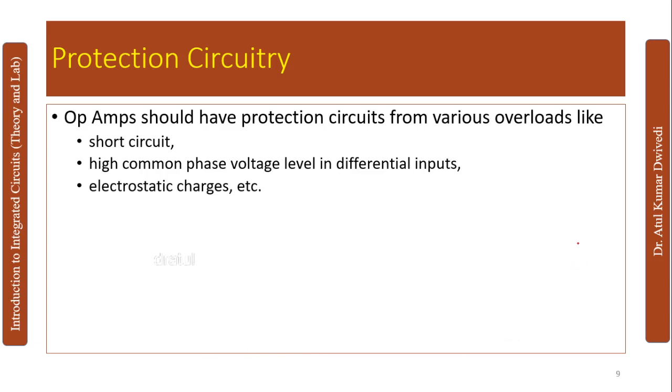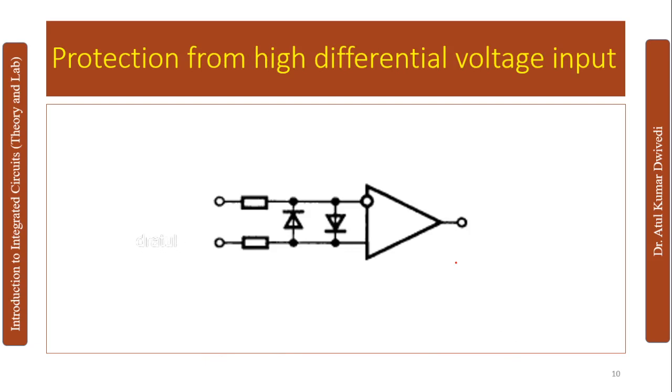First protection circuitry of operational amplifier is to protect from the differential input. So this is the circuit for differential input. I am showing these 2 diodes connected to the op-amp outside, but actually they are inside the op-amp IC. Okay. So when protecting op-amp from high voltage inputs, usually there are protecting diodes connected between the input pins.